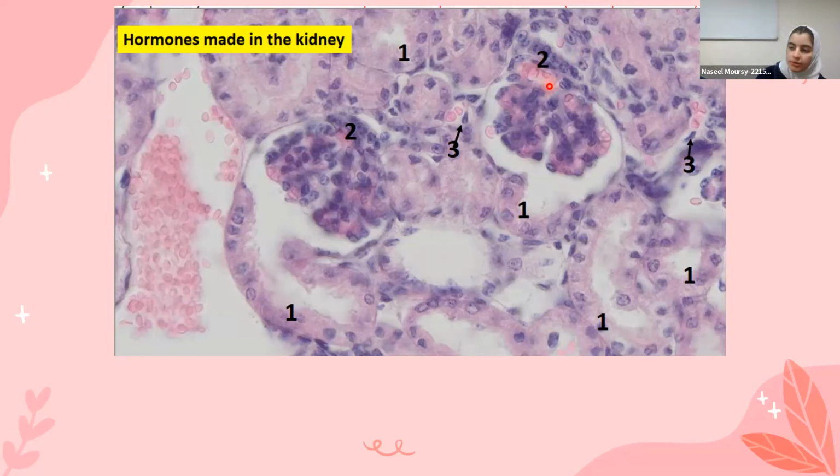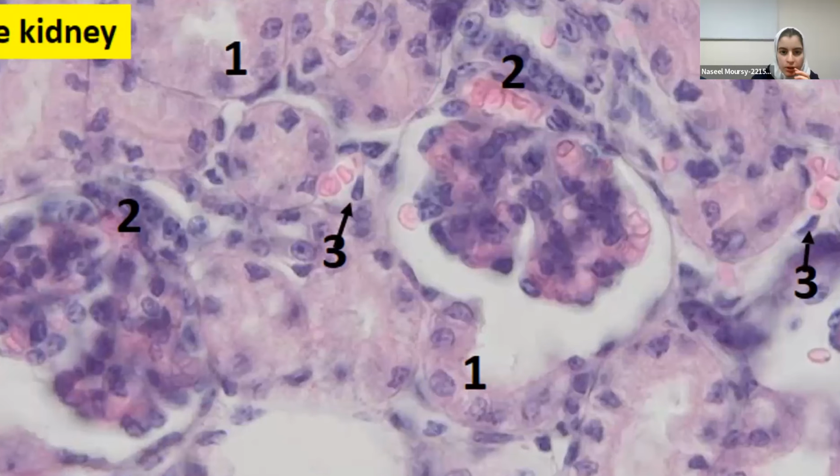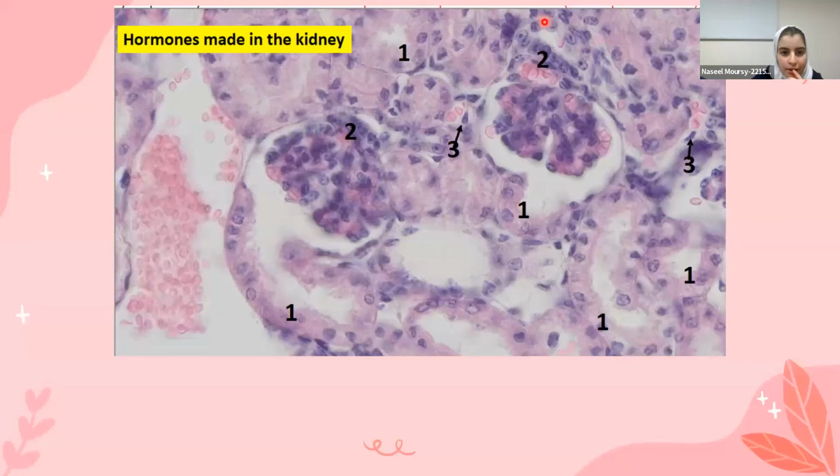What cells am I talking about here? Juxta. How do I know if it's juxta or macula densa? I'm going to zoom in. You see this tubular thing?